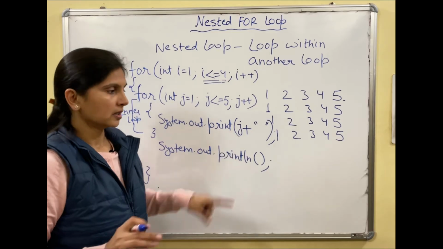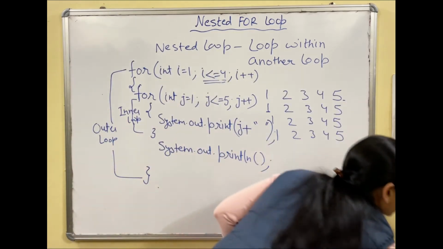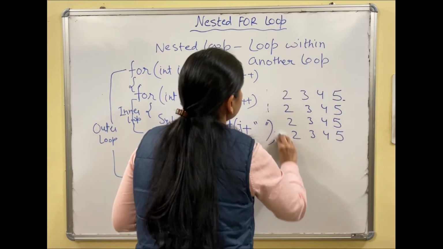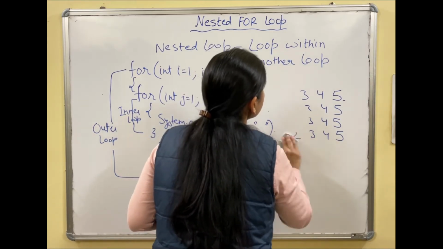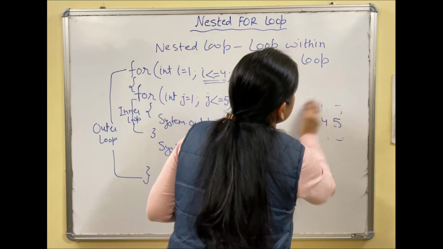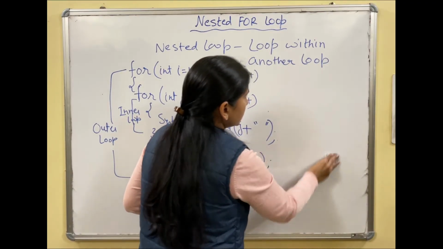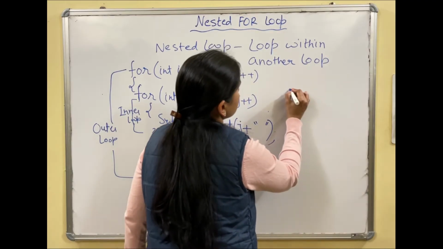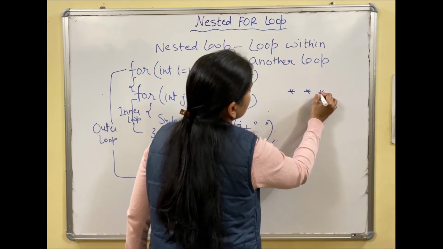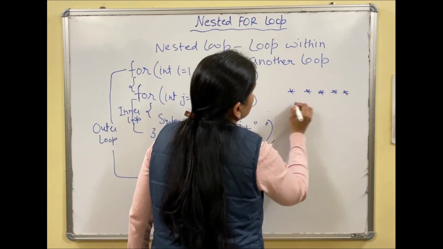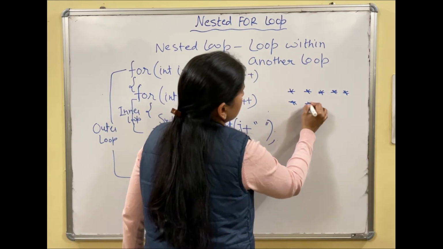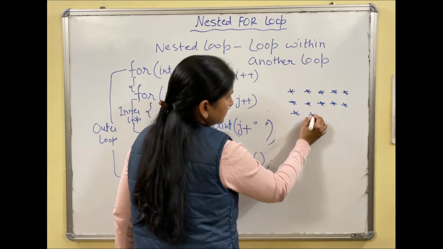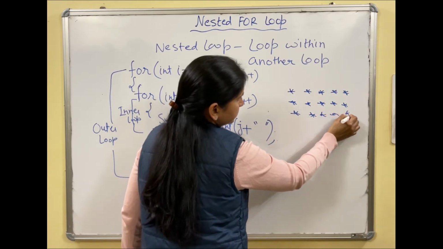Understood? Now see, if I replace 1, 2, 3, 4, 5 with asterisk, if I say I want to display asterisk here, so what changes shall I do? Same as it is. Asterisk, asterisk, asterisk. Fine.